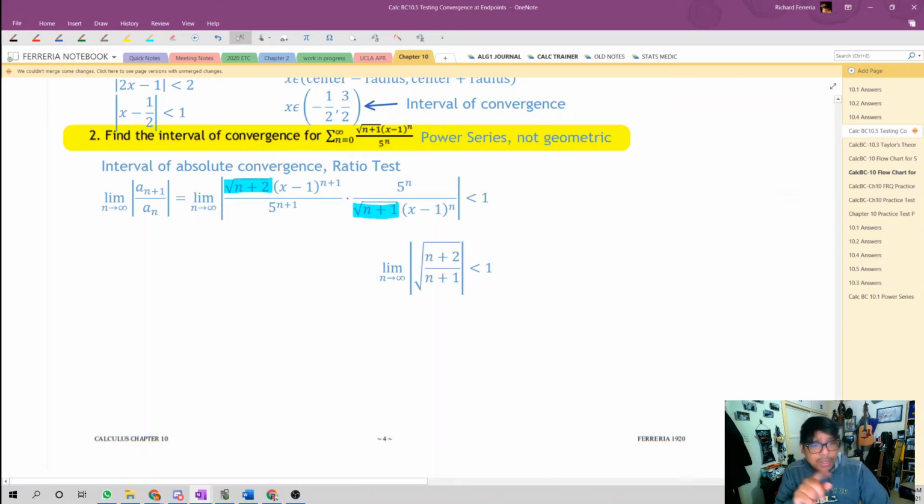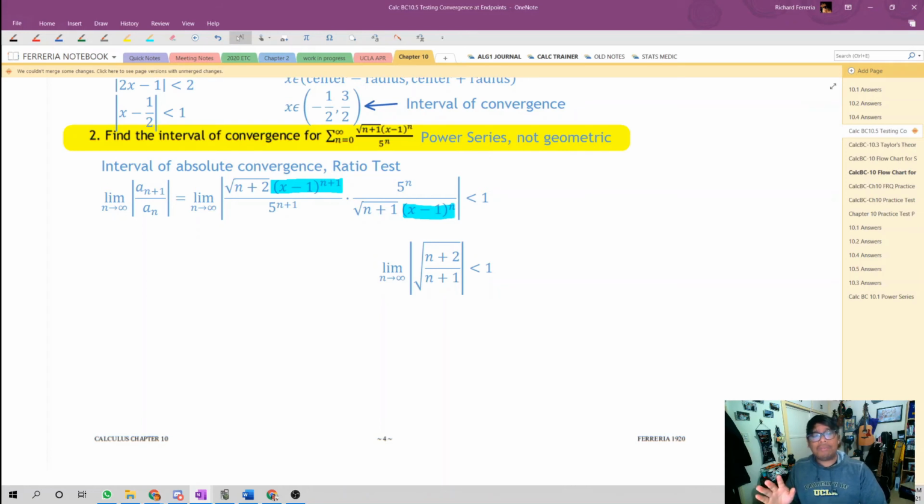What I will do is make sure that I have one square root, so the square root of n plus 2 over n plus 1. The next part here is the x minus 1 to the n plus 1 power. We know how that's going to simplify. The n powers are going to cancel out, and that's going to leave me with an x minus 1.